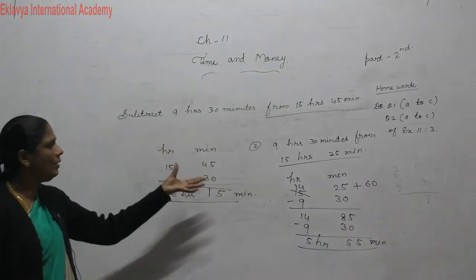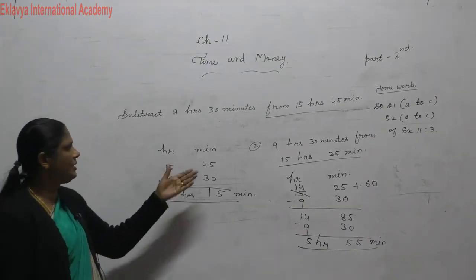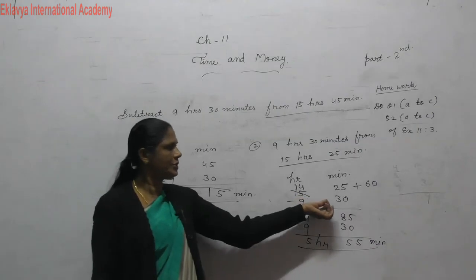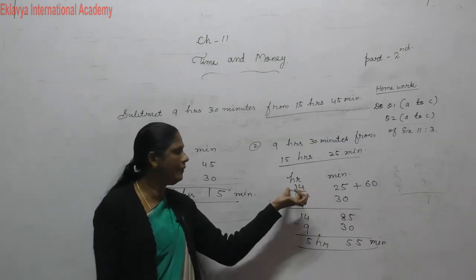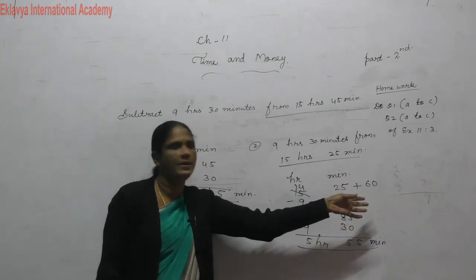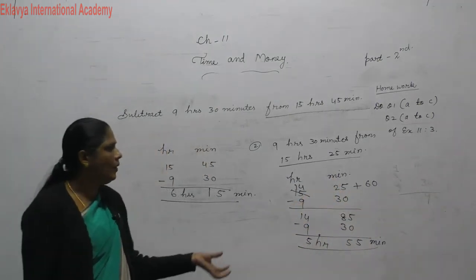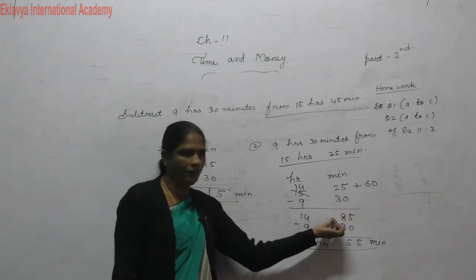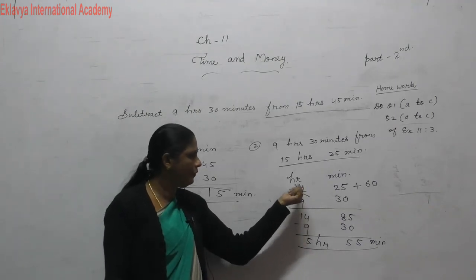Here then, what is the difference between these questions? In the first, there is no need for borrowing. In this question we need borrowing. We take 1 hour, therefore we add 60 in minutes. Now our 25 plus 60 is 85, then 15 minus 1 is 14.